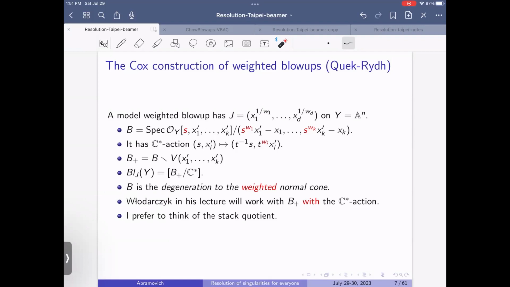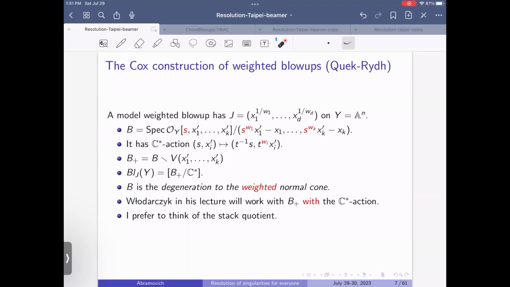So there will be a lecture of Wodarczyk later this week, and instead of working with the quotient stack, he prefers to just keep the variety B plus with the action of C star.